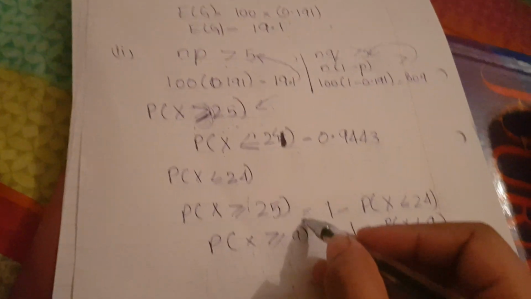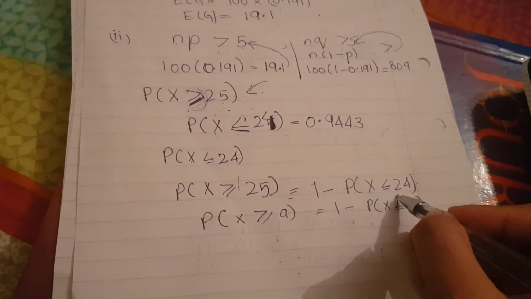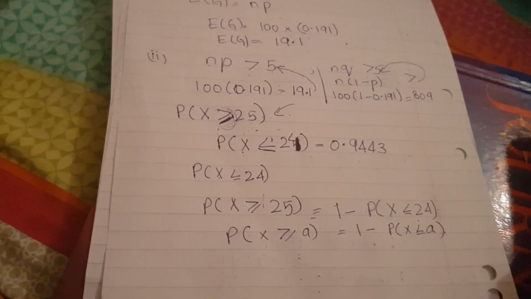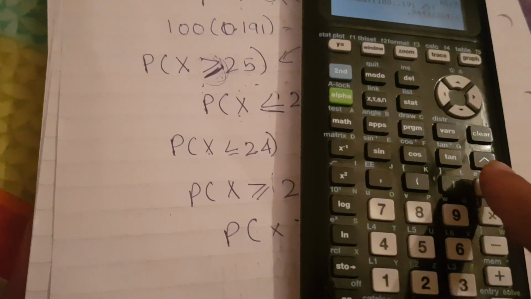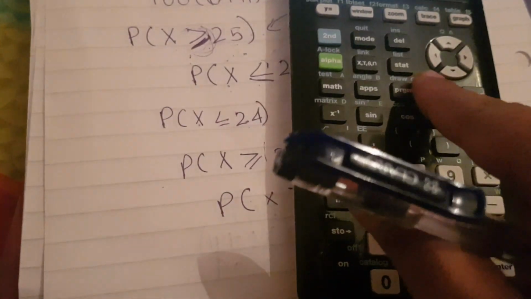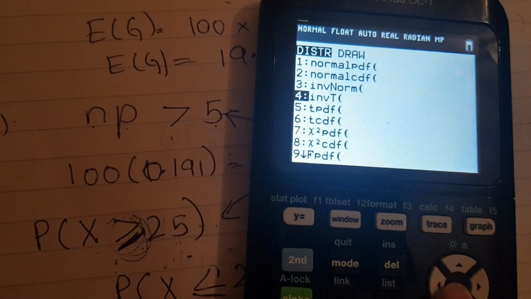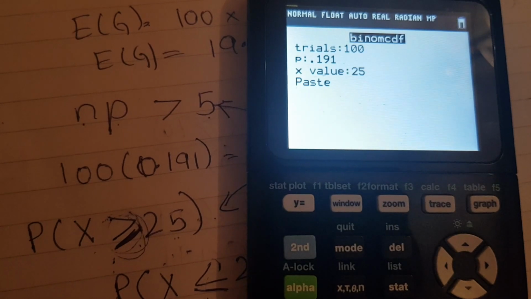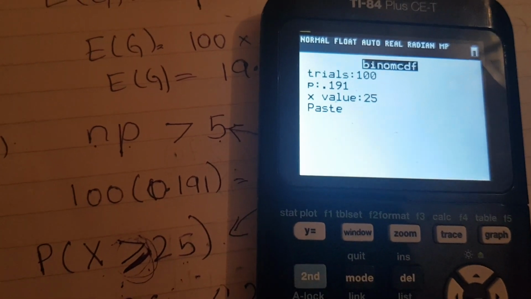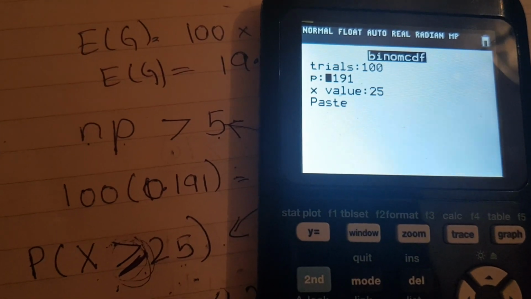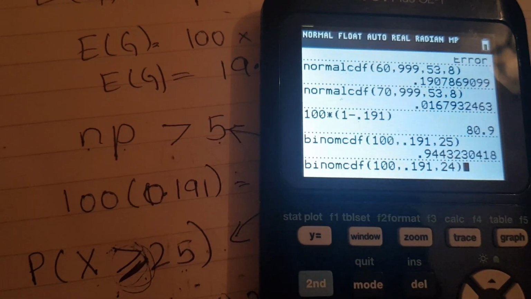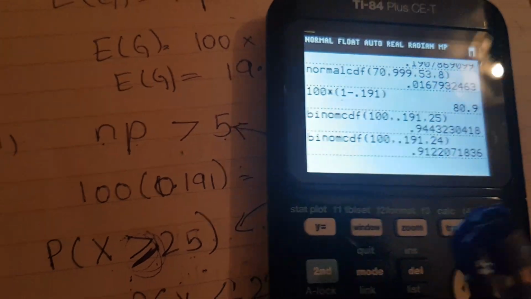Now I've just calculated this value, probability of x less than or equal to 24, from the calculator. Let's do it. Go to distributions. Go to binomial CDF. Number of trials is 100. Probability is 0.191, but it's 24. Now calculate the value.